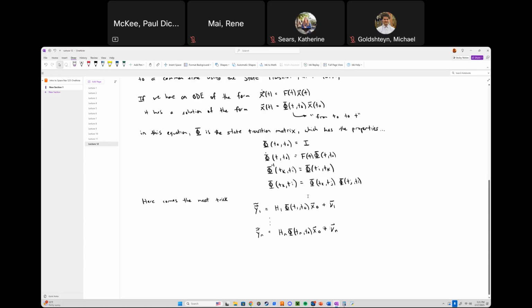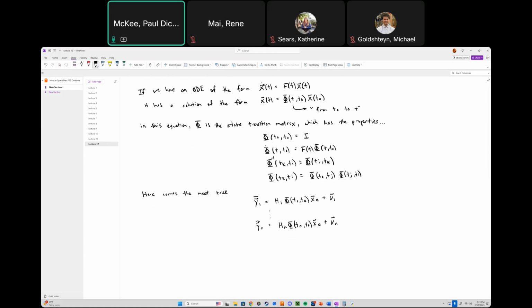So what we can do is stack all this into a giant Y vector, and then we're going to have some matrix that looks like this: H1 Phi(T0 to T1), stacking all the way to Hn Phi(T0 to Tn), times X0, plus some massive noise vector nu.